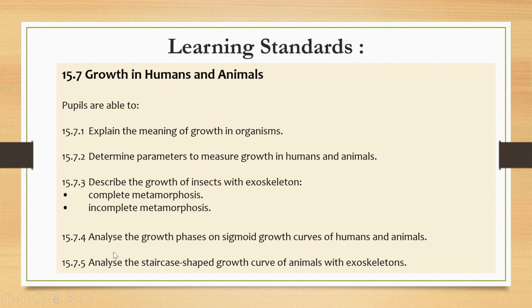Number four, analyze the growth phases of sigmoid growth curves of humans and animals. And the last one, analyze the staircase-shaped growth curve of animals with exoskeleton. These are the learning standards that you have to understand for today.